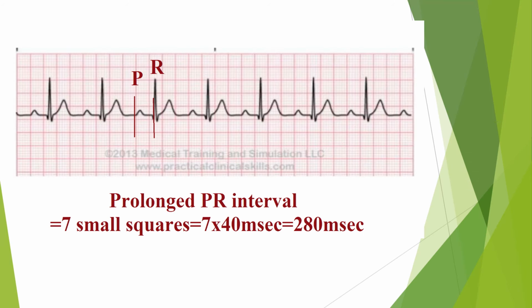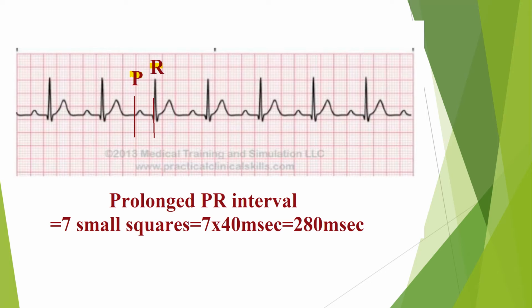And here is another example for measurement of the PR interval from the start of the P wave to the start of the QRS complex, and in this example it's about 7 small squares.